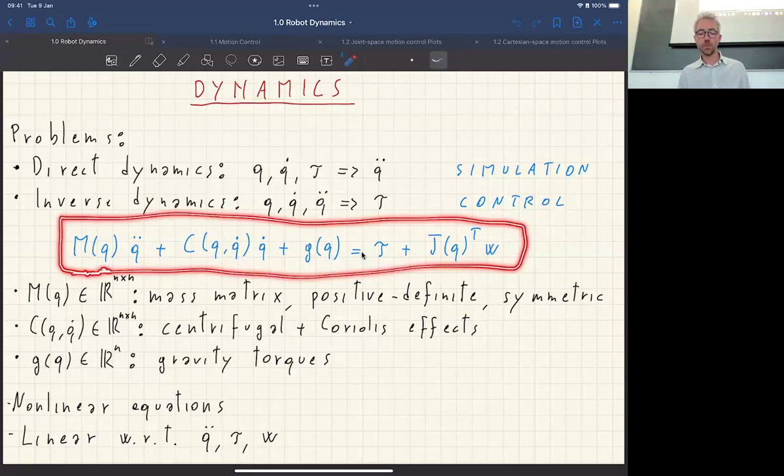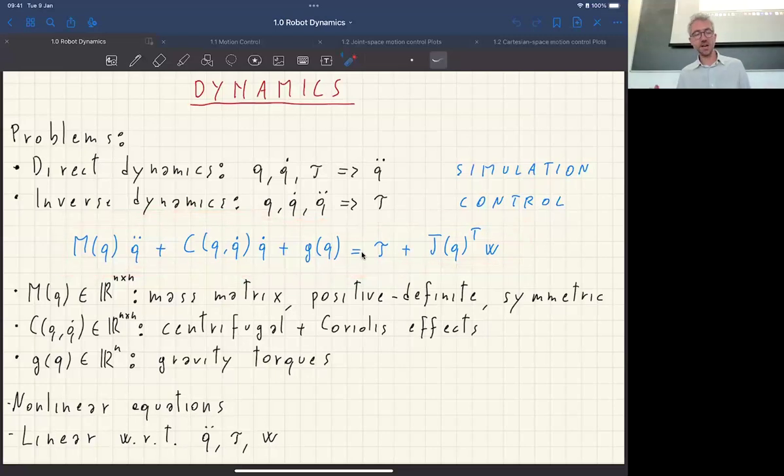Robot dynamics is basically an equation that describes the relationship mainly between the robot's joint torques. These are the forces that are generated by the motors. They are torques because typically we have rotational joints, and so motors generate torques, not a force, and the joint accelerations.